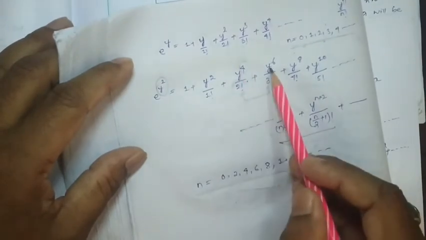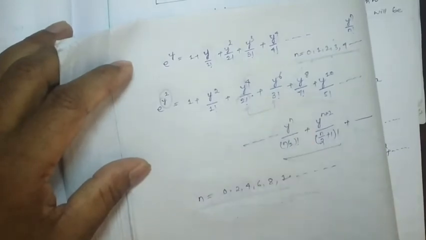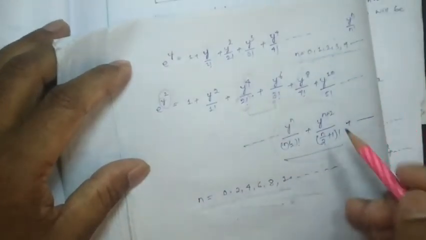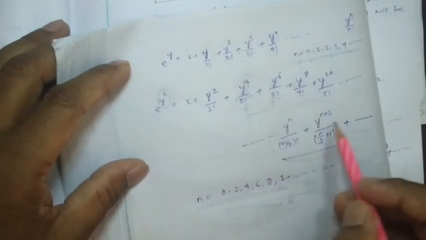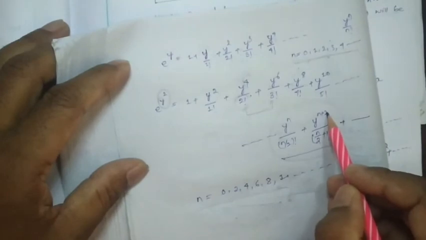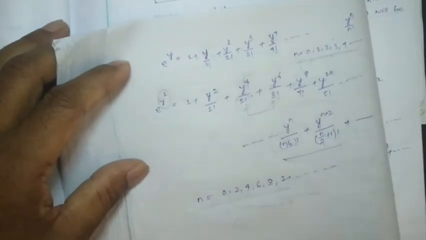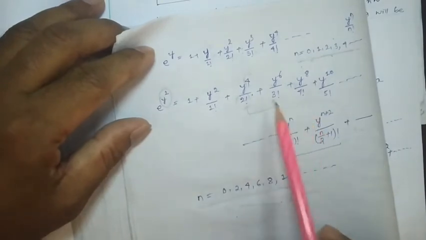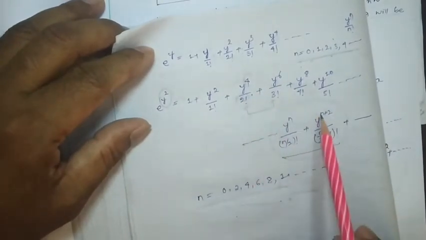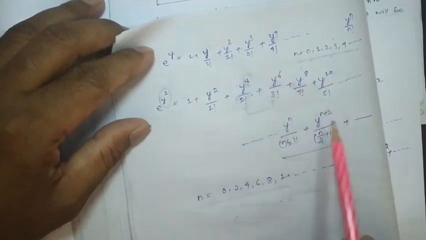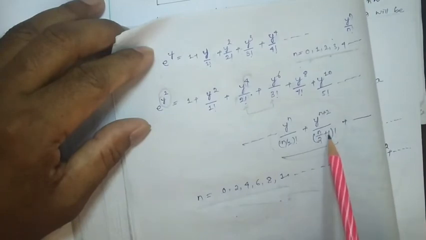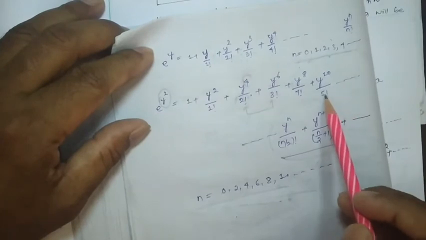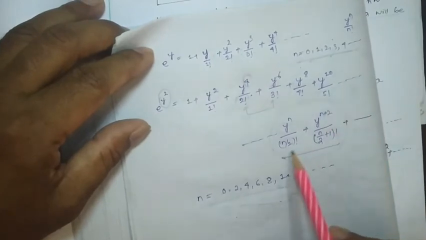And the nearby term, if we consider n equal to 2, then the nearby term will be n plus 2. Here n is equal to 4, 4 plus 2 is 6, and here 4 by 2 is 2 plus 1, 3 factorial. Wherever you consider, the nearby terms will match with this one.